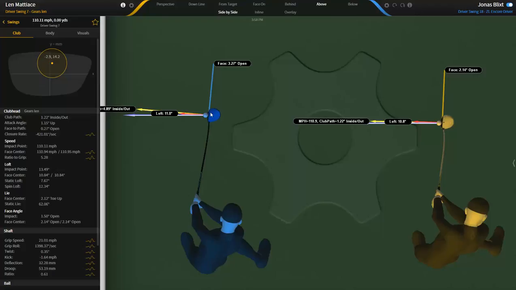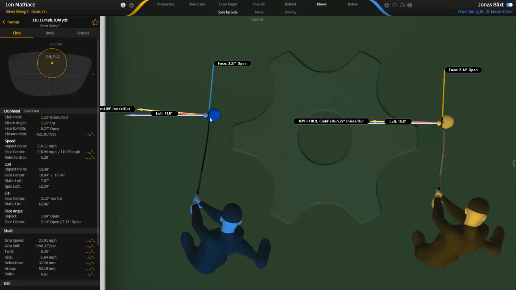This face angle right here is not the leading edge. It's actually a 90-degree angle from the red line. So we gave you the face angle view from this point, and then one going out that way. You're always going to have a 90-degree angle on this line from the red line. So it's not the leading edge. This is actually the center of the face.